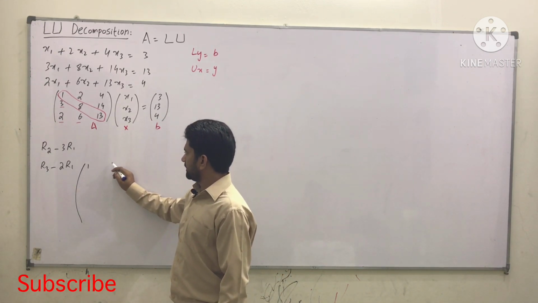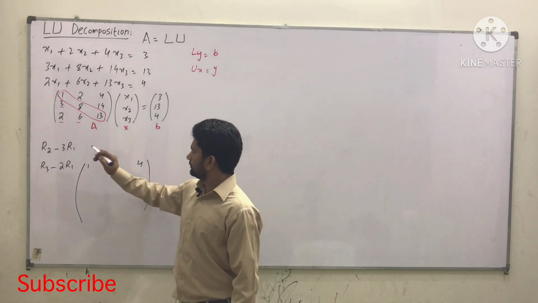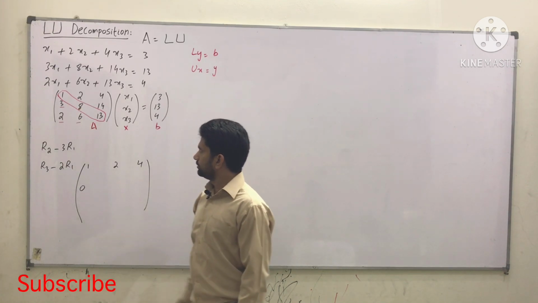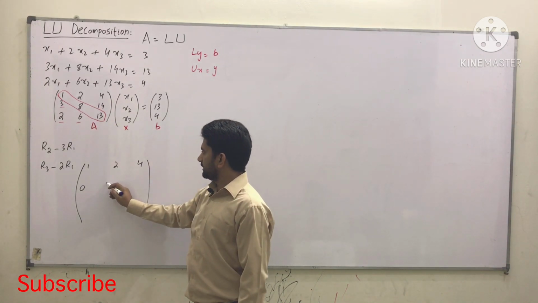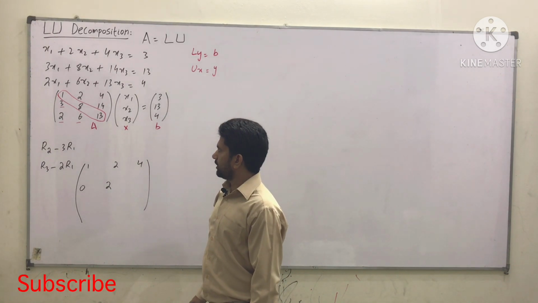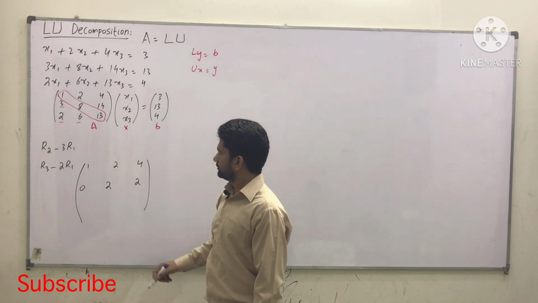When I do this I have this form. First row stays the same, 1, 2, 4. Then multiply by 3: 3 minus 3 is 0; multiply by 3, 6, 8 minus 6 is 2; 4 3s are 12, 14 minus 12 is 2.